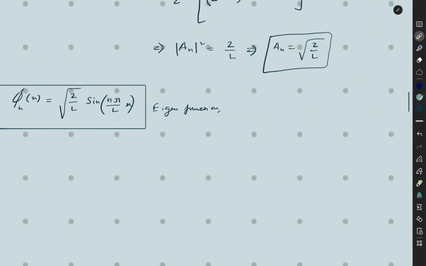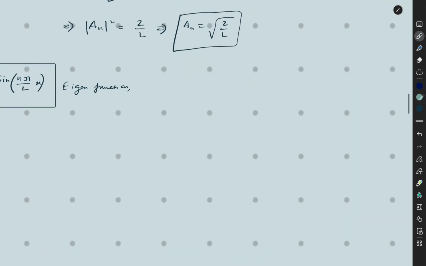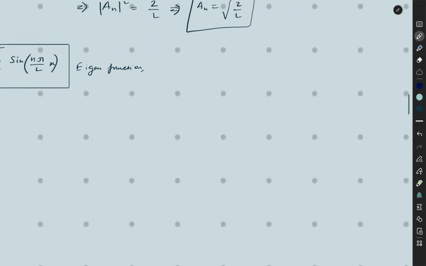For every eigen function we will get an eigen value. So how will we get it? Let us see.